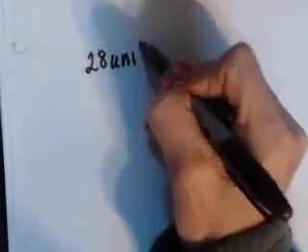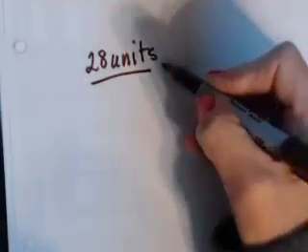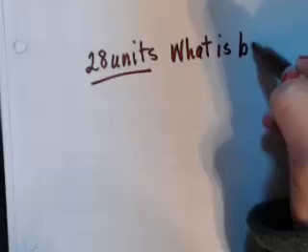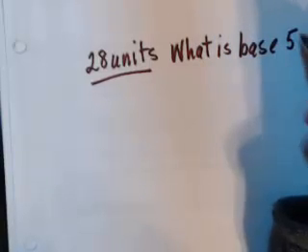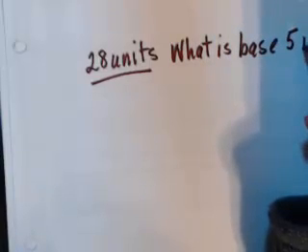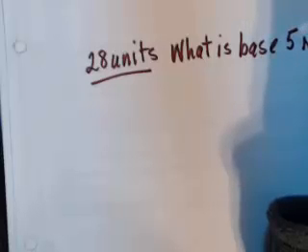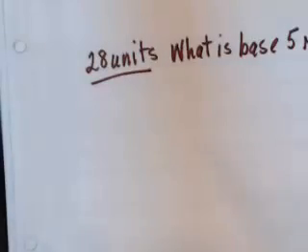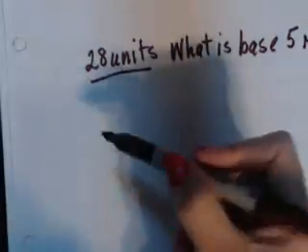Okay, now let's go the other direction. Let's say that we know the number of units that we have. What is the base 5 number? First I take out the largest group that I can.